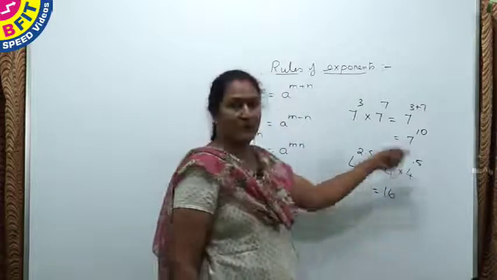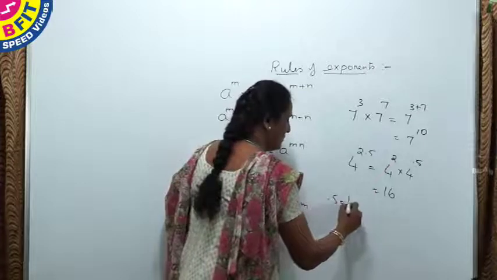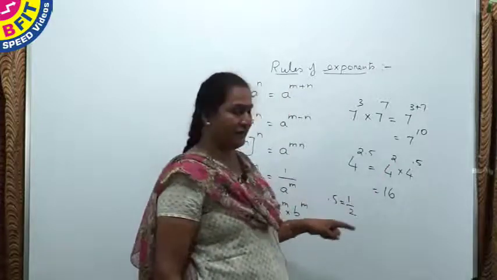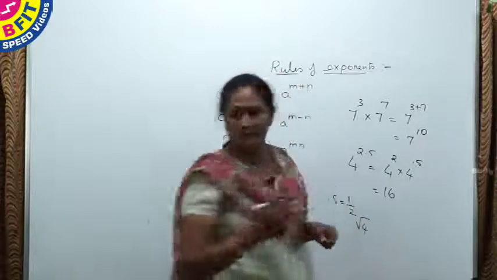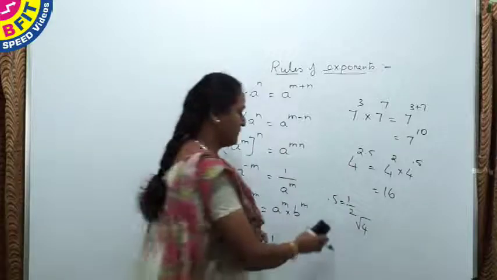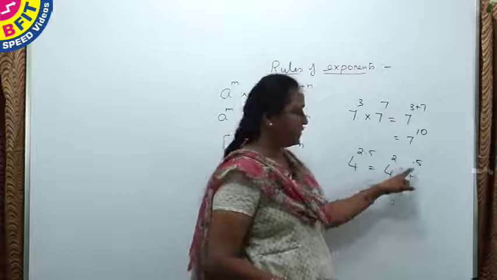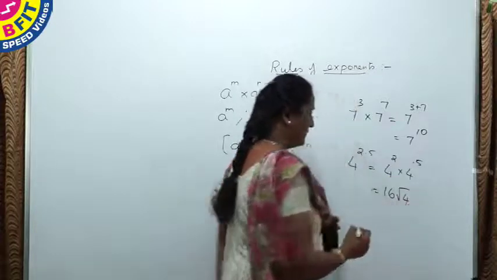So 4 power 0.5, and 0.5 is also equal to half. When you have power as half, it means it is root of 4.